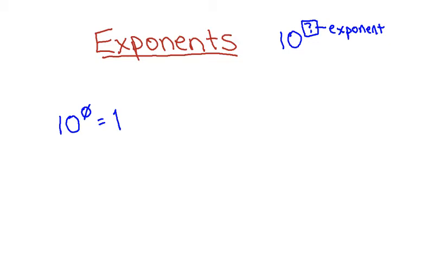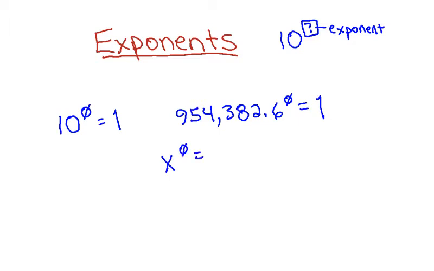Why is that? Because anything raised to the 0 power is going to be 1. 954,382.6 raised to the 0 power is 1. Anything raised to the 0 power is 1. So that includes 10.